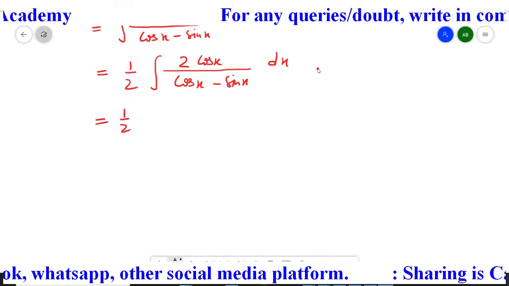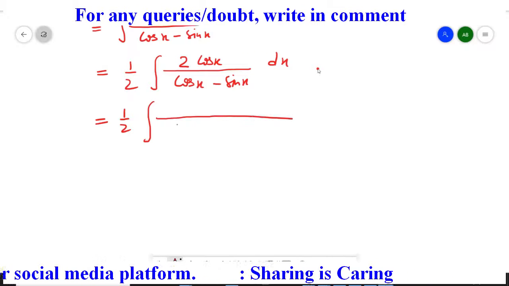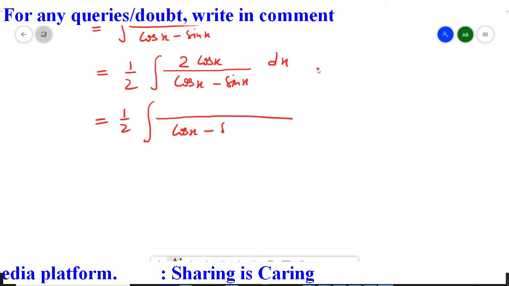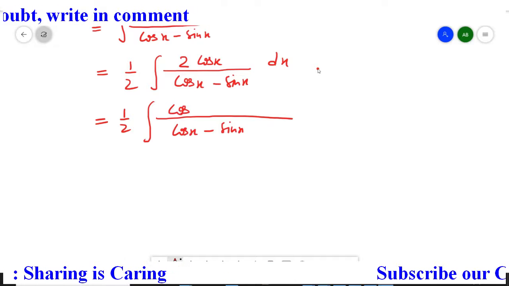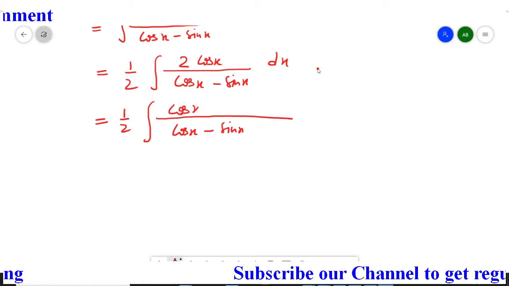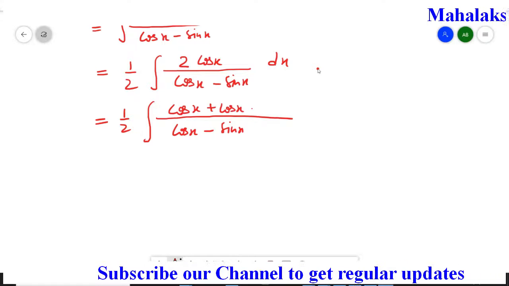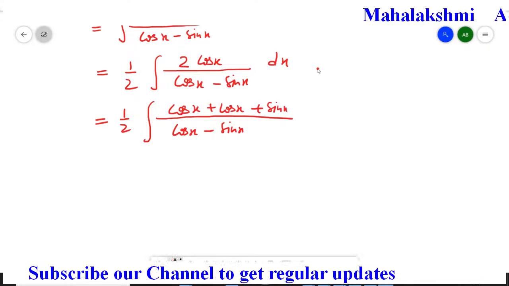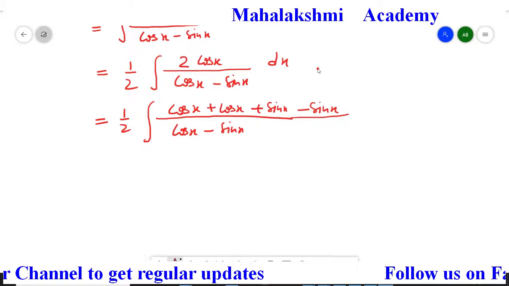equal to 1 upon 2 integration of cos x minus sin x. This 2 cos x we can write as cos x plus cos x, then once we add sin x, and next time we subtract sin x.